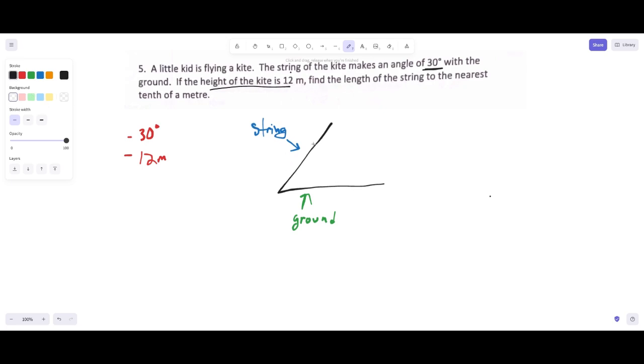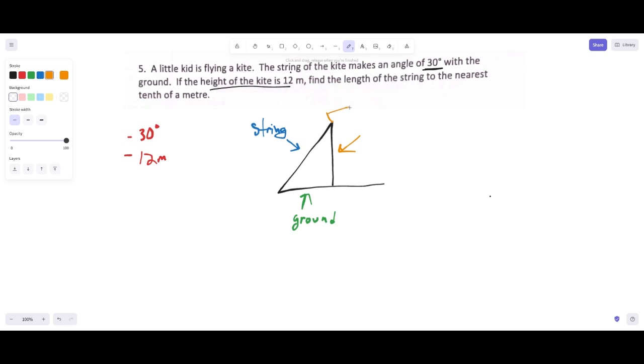Cool. So now what it says is the height of the kite, so we can just close that off there and disregard this bit. But when we close this off, what do you think this would signify? This length over here. Remember, this is the string of the kite.